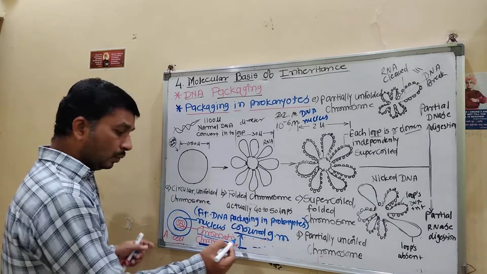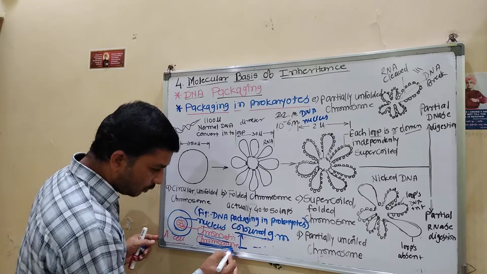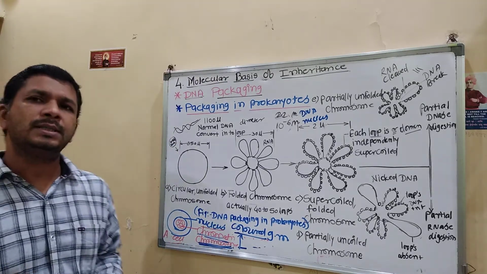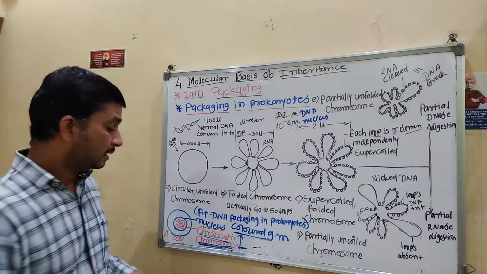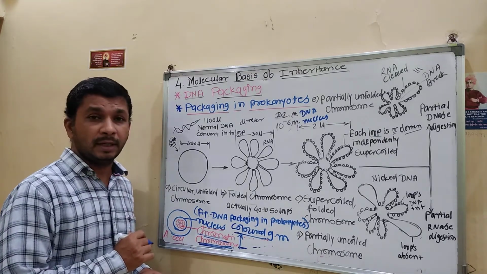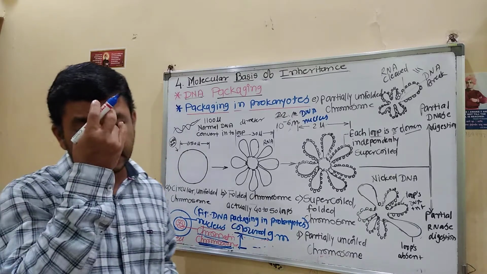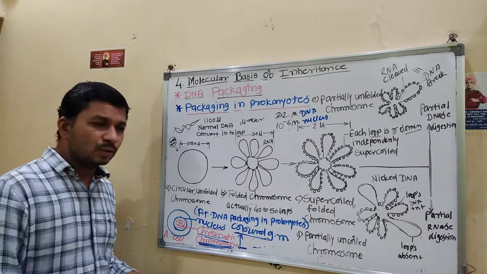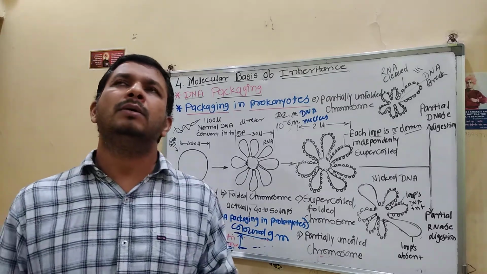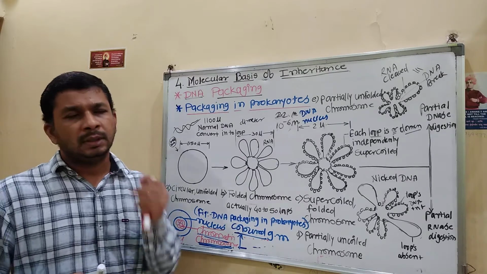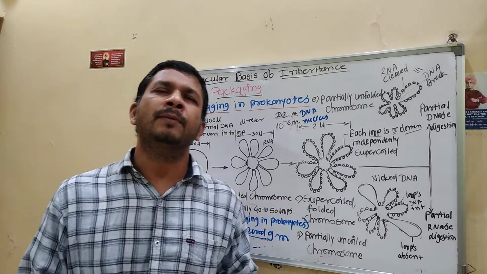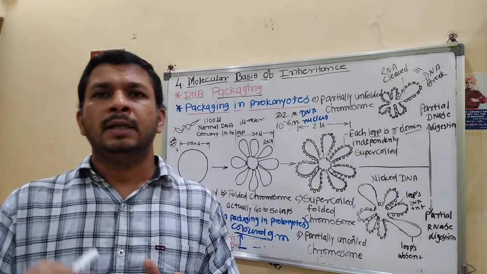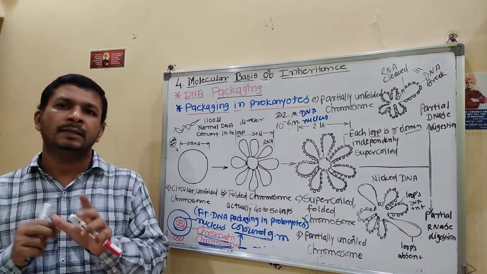Then this chromosome is also called nucleic acid, because it is present inside the nucleus, right? In nucleic acid we found nucleotides, and in nucleotides we found five types of nitrogen bases: adenine, guanine, cytosine, uracil, and thymine.